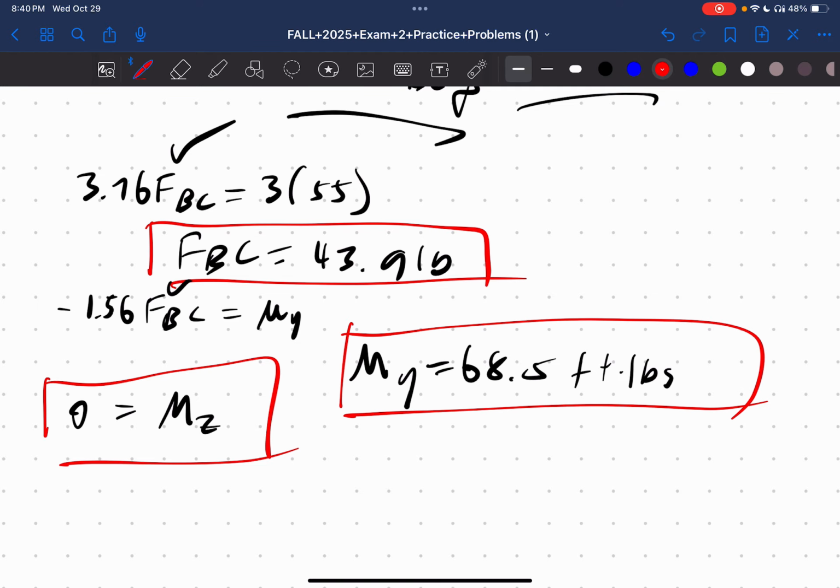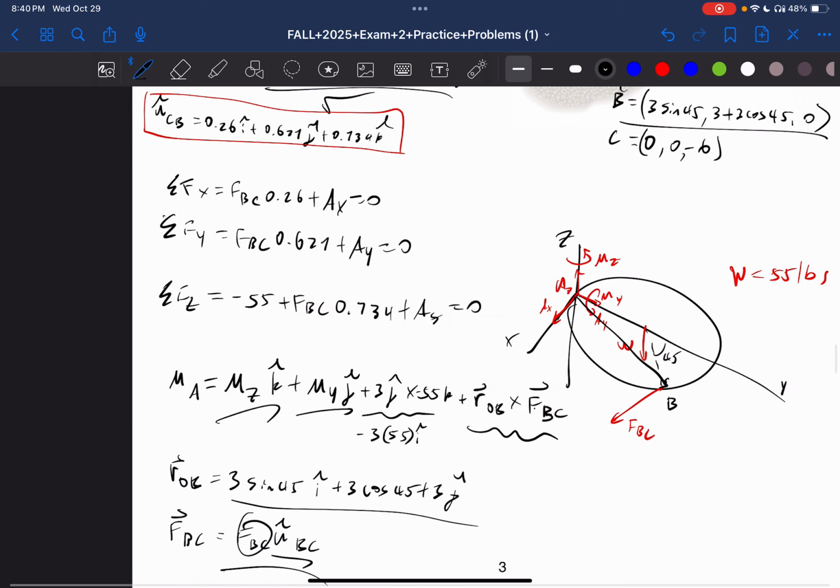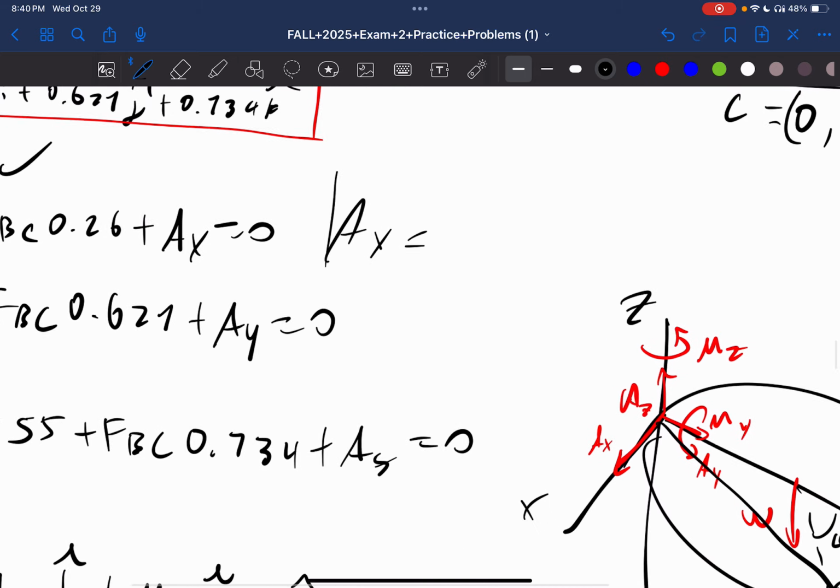Now that we have these three, so F BC, MY, and MZ. BC we have, so we can solve for AX. This is good, which is going to be equal to negative 11.4 pounds.